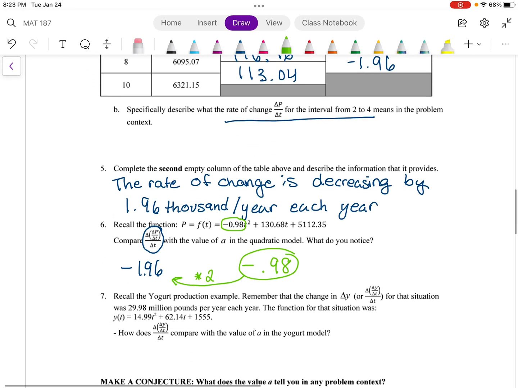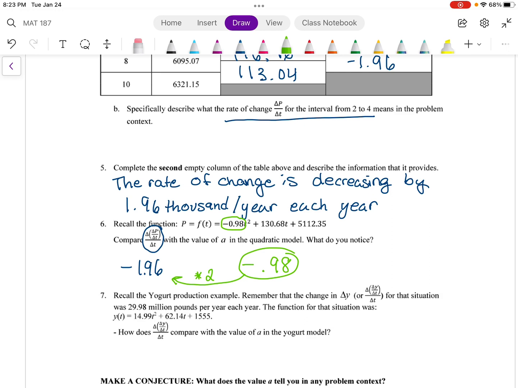And I could look at this other context, this yogurt problem. We didn't do this in class, but you can look at the yogurt problem in one of the presentations online. And notice here, you could find out that the rate of the rate was 29.98 million pounds per year.